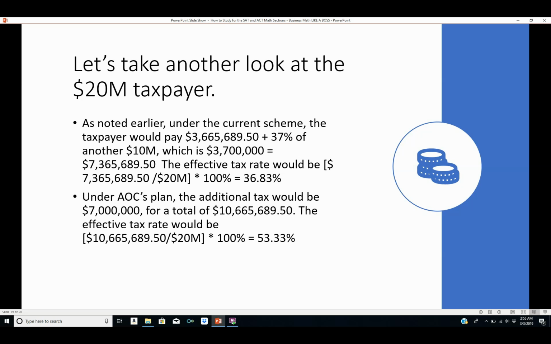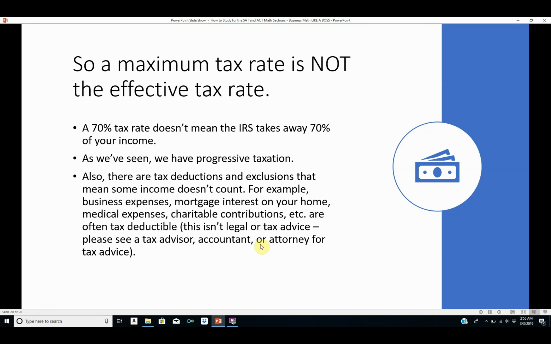So the effective tax rate would be this over 20 million times 100%, which is 36.83%. Under AOC's plan, the additional tax would be $7 million for a total of $10,665,689.50. When you divide that by 20 million, it's a little bit more than half, so it shouldn't surprise you that it works out to 53.33%.